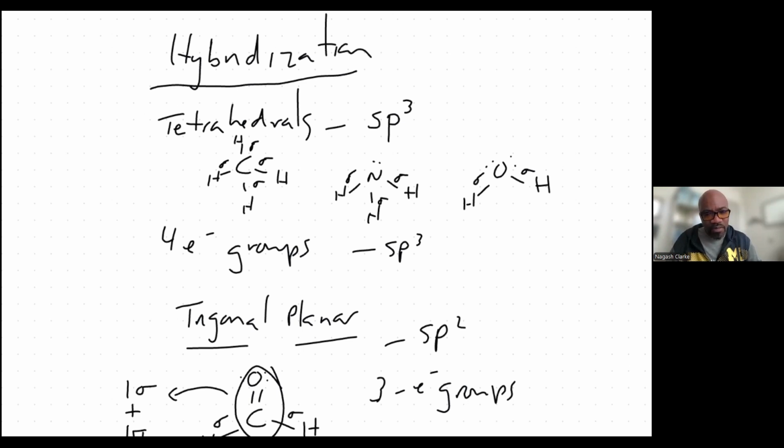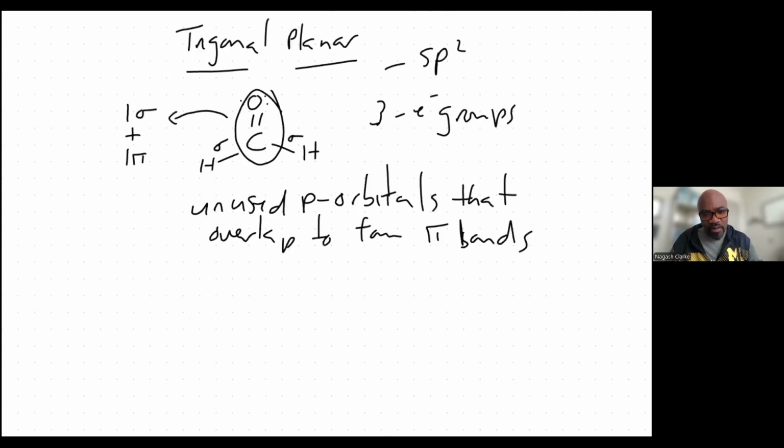Your pi bonds, however, if I were to draw this molecule here, this pi bond, the double bond, exists above and below the plane of the molecule. This represents all these sigma bonds, and then the pi bond, the double bond, is one sigma, one pi.